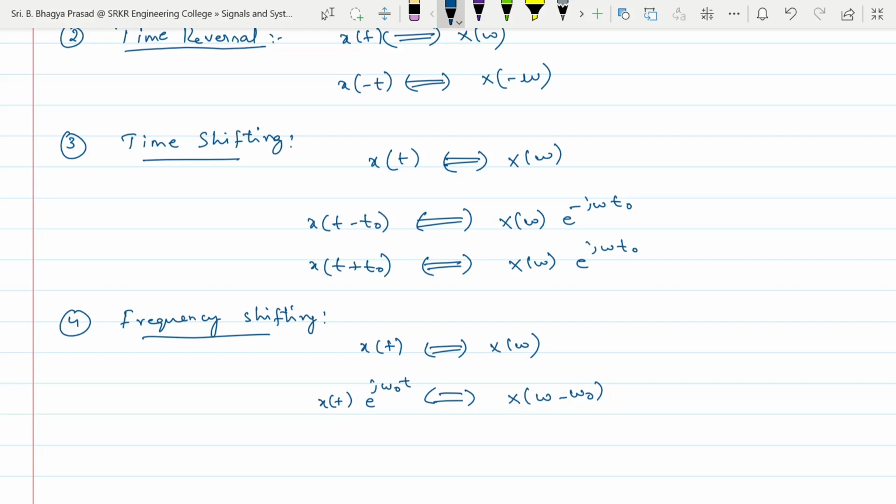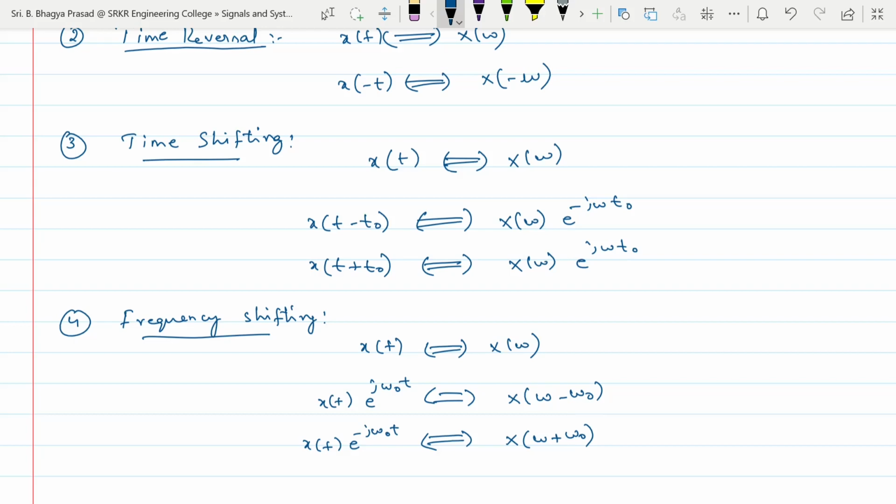If x of t is multiplied with e power j omega naught t, you will observe the shift in the frequency domain. If x of t is multiplied with e power minus j omega naught t, this will be X of omega plus omega naught. And you can remember this representation.